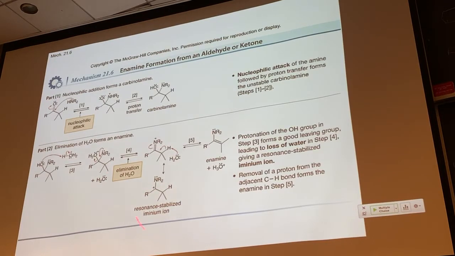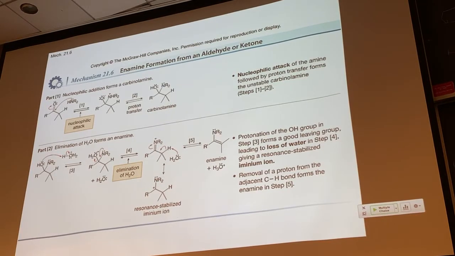So now we've made it to our iminium ion. But there's a difference in this iminium ion compared to the iminium ion that we had with our primary amine. When we used a primary amine as our nucleophile, we still had a proton on the nitrogen of our iminium ion. It is right here. And we're able to deprotonate the nitrogen of the iminium ion to generate the imine product.